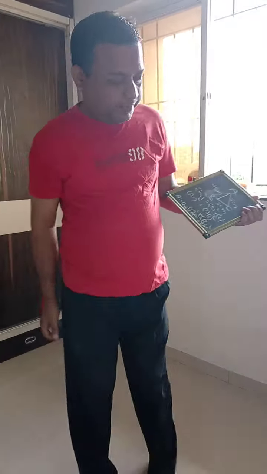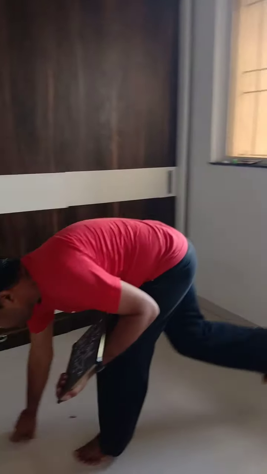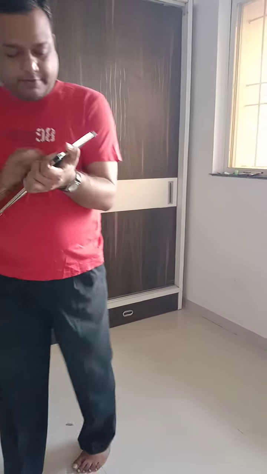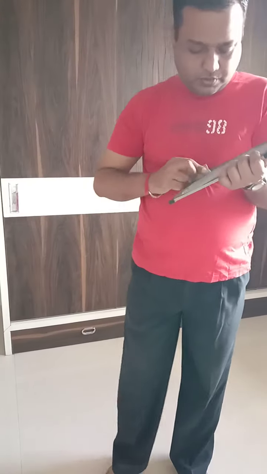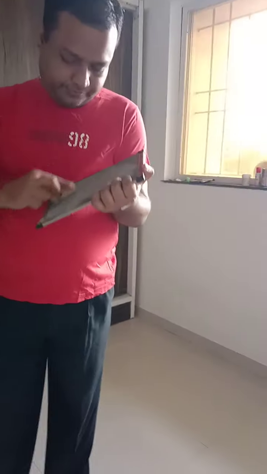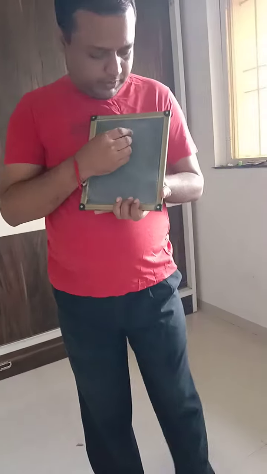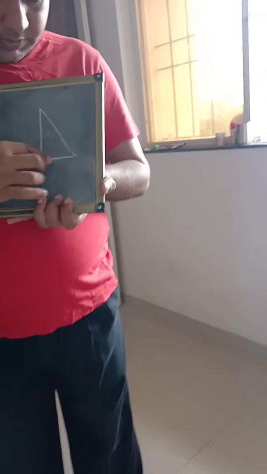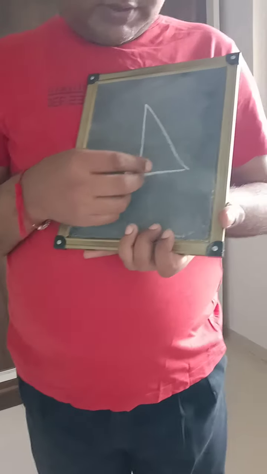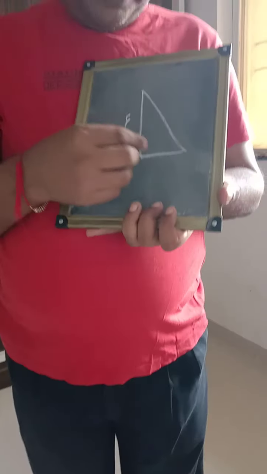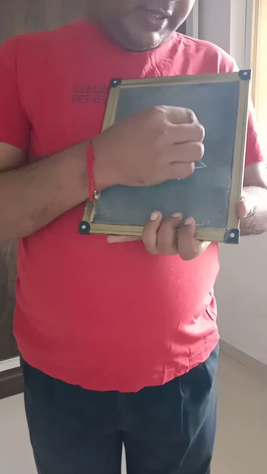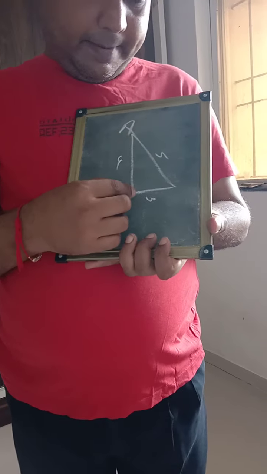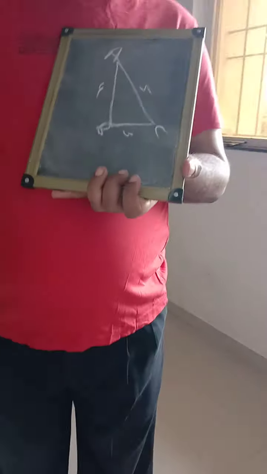So first we will go to the board and construct a triangle: this side 4, this 3, and this 5, with vertices A, B, C.